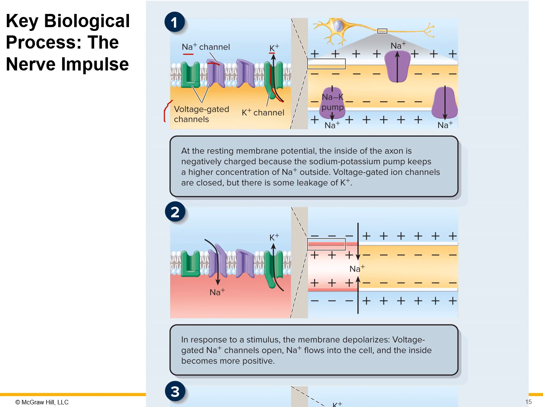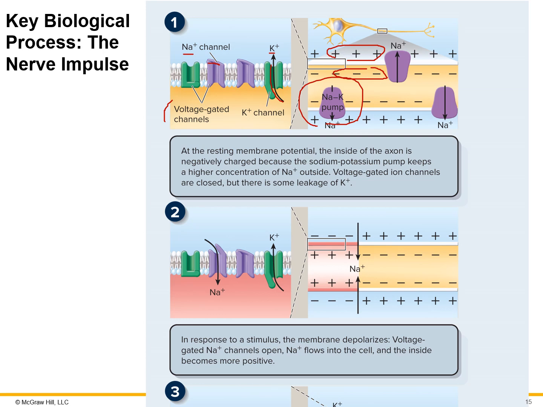And again, we get this membrane potential, so the outside is more positive, the inside of the cell is more negative. Again, here's our sodium-potassium pump that's keeping everything the way it's supposed to be, where sodium goes out and potassium comes in. So this is here at rest. The inside is negative, the outside is positive. Our sodium-potassium pump is putting everything in order.